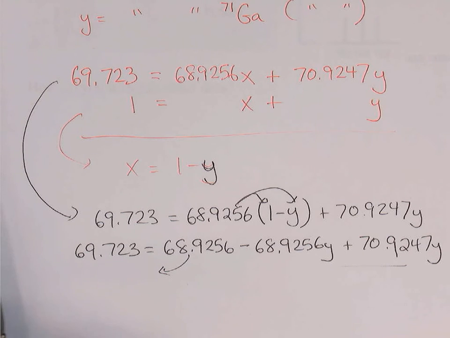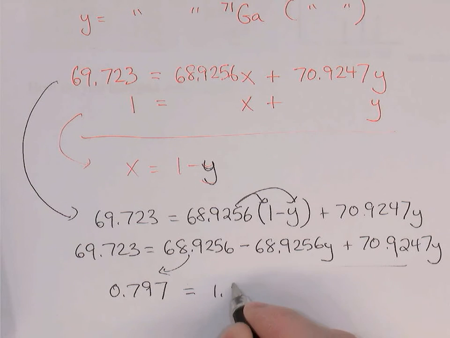69.723, take away 68.9256, keeping 3 decimal places there when we're subtracting, we get 0.797, and over here we have negative 68.9256 plus 70.9247.